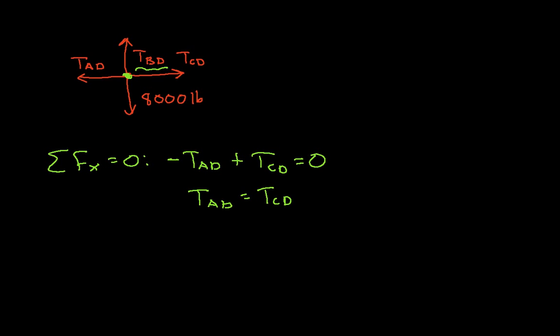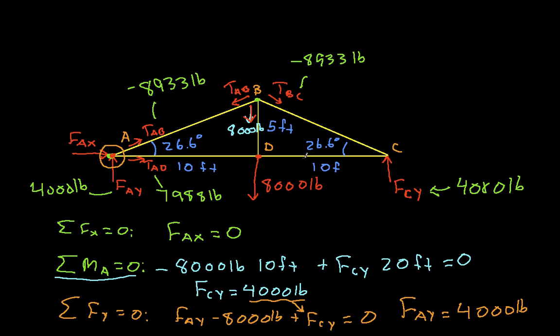Okay, so let's go add this to our picture. And okay, so we have TDC, this is TAD, TDC, and we had that TDC was the same as TAD, which is 7,988 pounds.